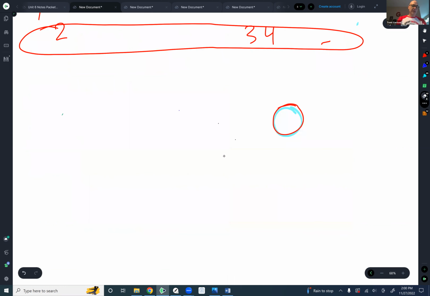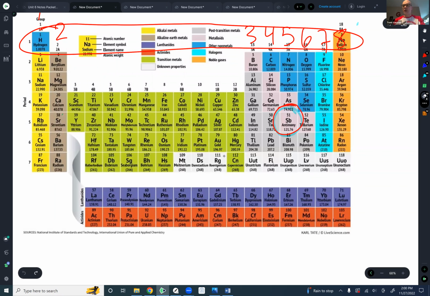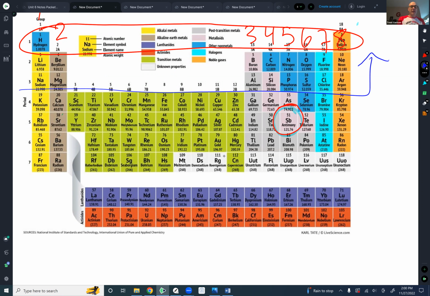Well, that got rid of the whole entire periodic table. So let me reverse that. Okay, so I'm just going to write on top of it here. If we were to talk about any of these elements above element 18, actually above element number 20, they do not have the opportunity. They are not large enough elements to expand their octet.